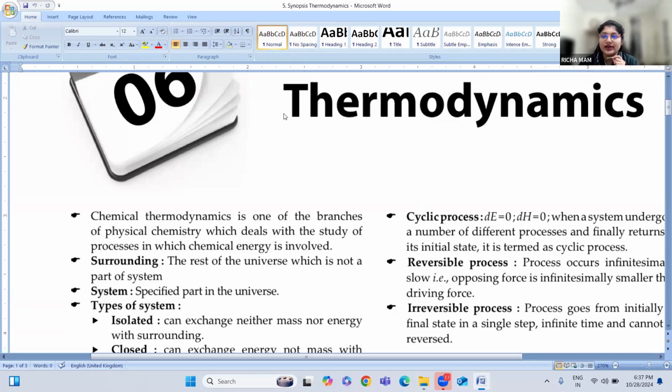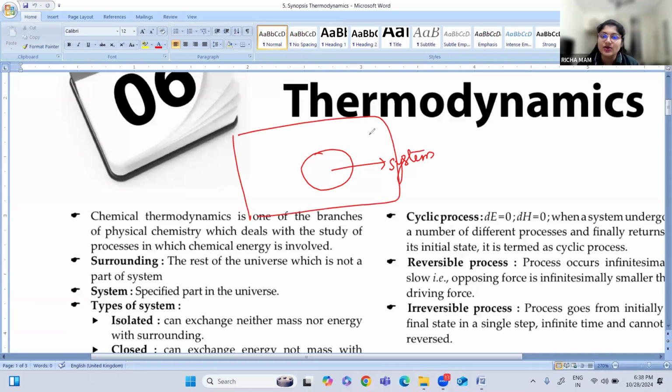Now, suppose I consider this small space as a system. Leaving this small space, the rest is your surrounding.